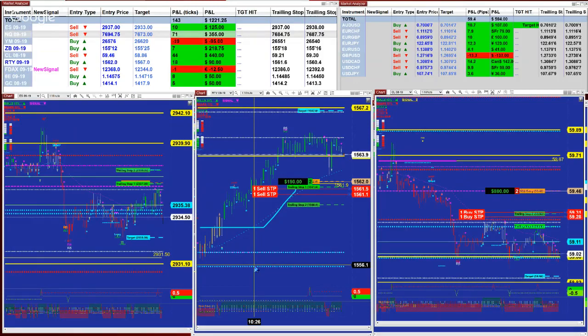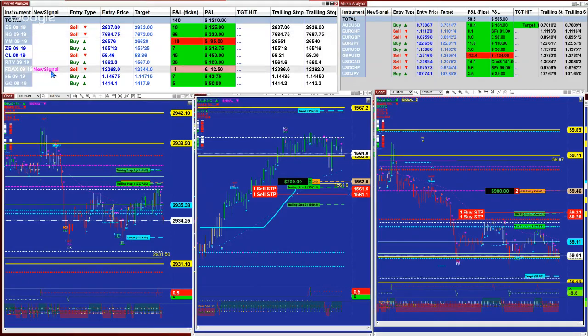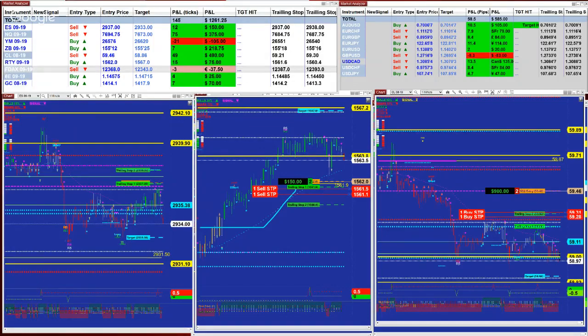Make sure there is a new signal on the DAX after you nailed over $1,000 on that last entry, and now there is a sell at 68 and 43. So again, guys, don't overload your Ninja.